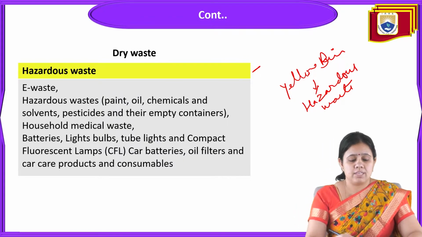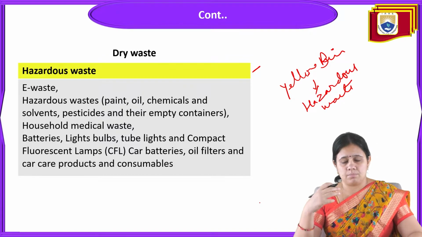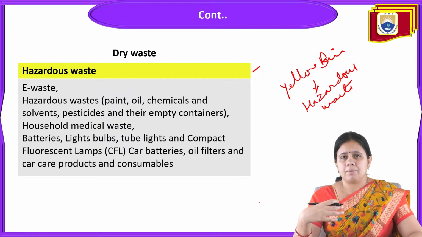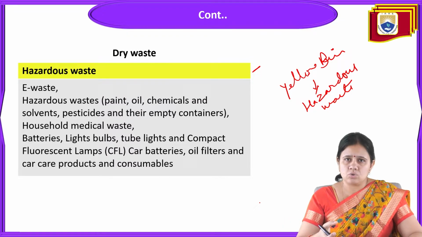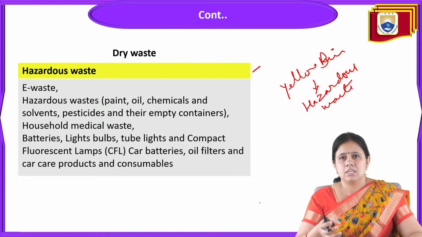The first one is e-waste, and then some hazardous waste that comes from our house, like paint, oil, chemicals, solvents, pesticides, empty containers, and household medical waste like batteries, light bulbs, tube lights, CFL, car batteries, oil filters, and car care products and consumables.